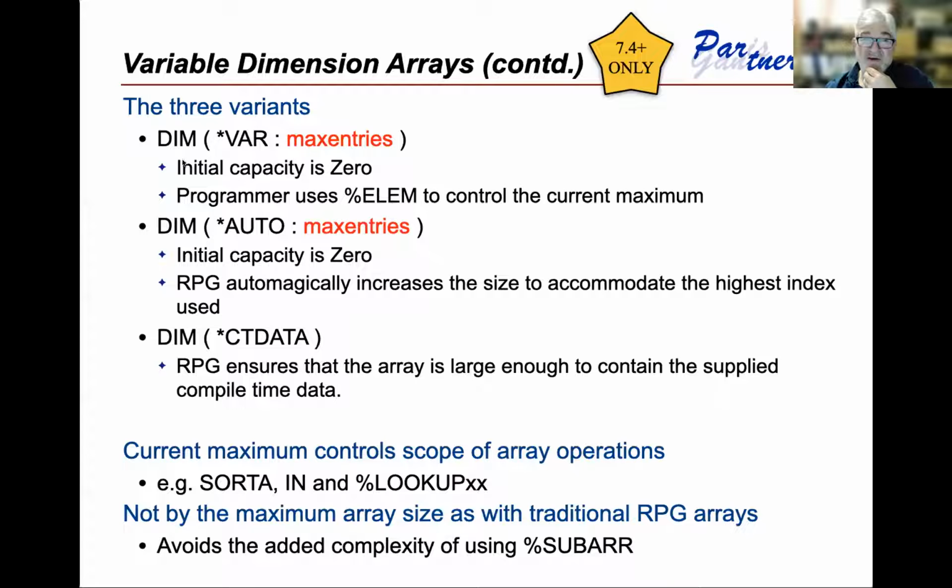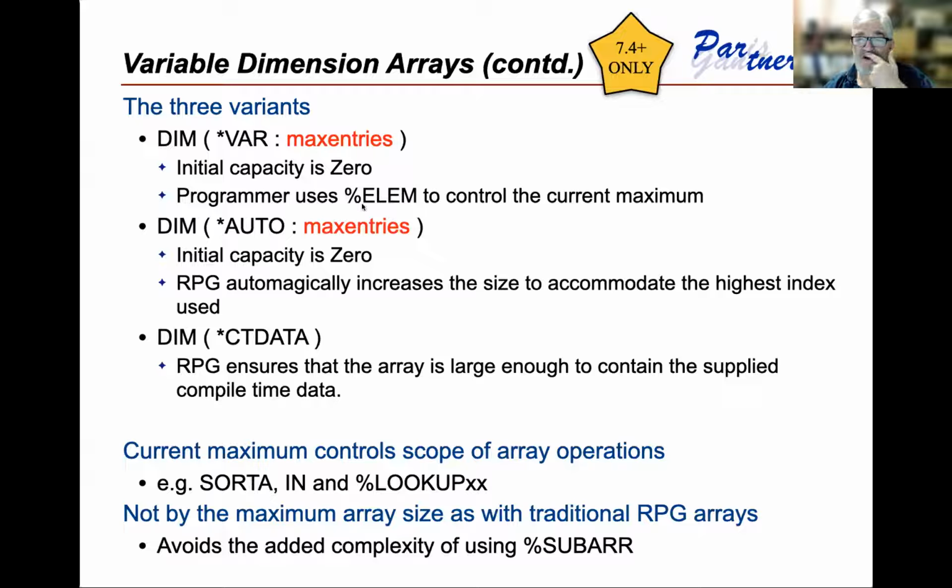So the three variants. Dim star var, that's the variable one. It has an initial capacity of 0, and the programmer uses %len to control the current maximum, up or down, right? So you can set the array to say 500 elements, and then when you've deleted perhaps duplicates from it, set it back down to say, well, there's only 300 active.